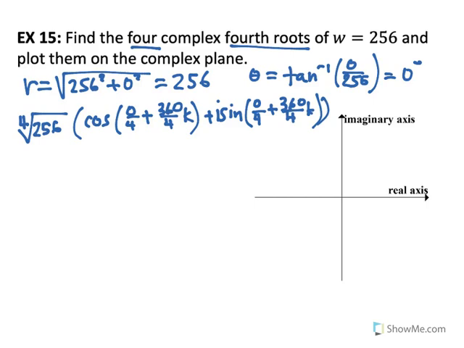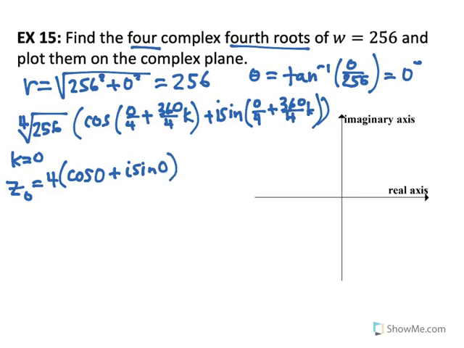Then I'll simplify this. We need to find 4 of them, so I'll start with k equals 0. Call this z0. The fourth root of 256 is just 4 times cosine of, if k is 0, that term doesn't exist. So that's just cosine of 0 plus i sine of 0.